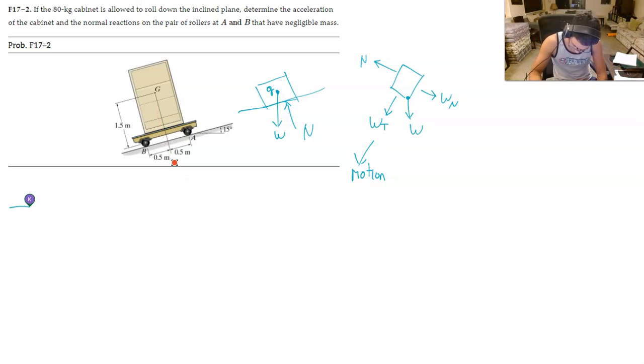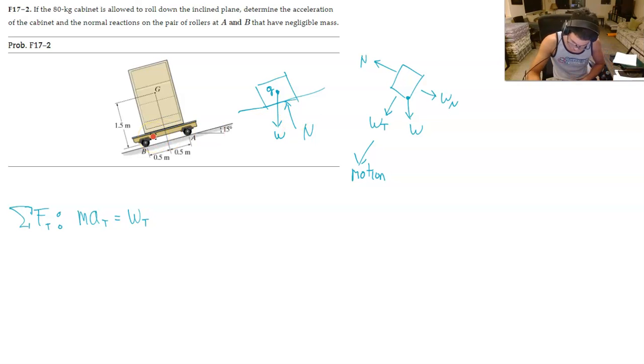Okay, so we say the sum of the forces in the tangential direction is equal to m a_t, right? And then we see that m a_t is simply going to be equal to the weight in the tangential direction.